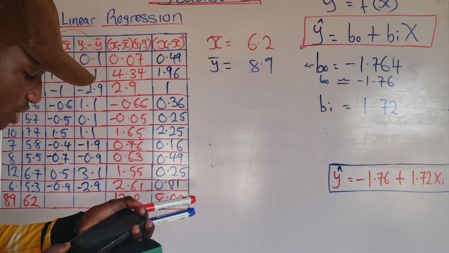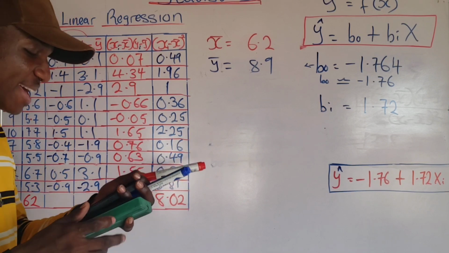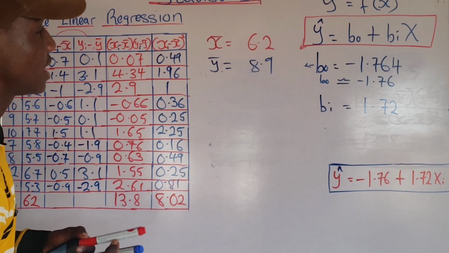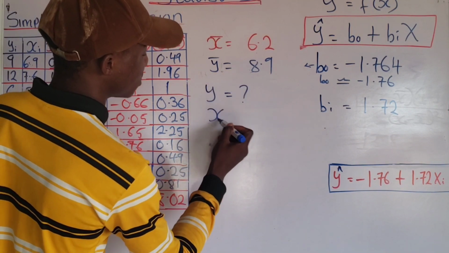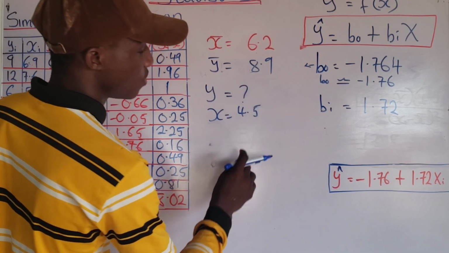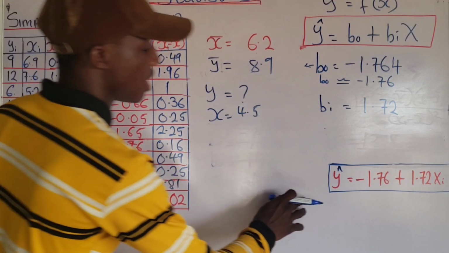Now let's proceed to question B. We are asked to determine the value of y when x is 4.5. To get the value of y, we are going to make use of our regression equation.